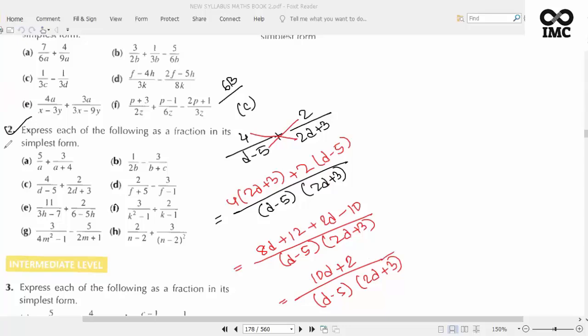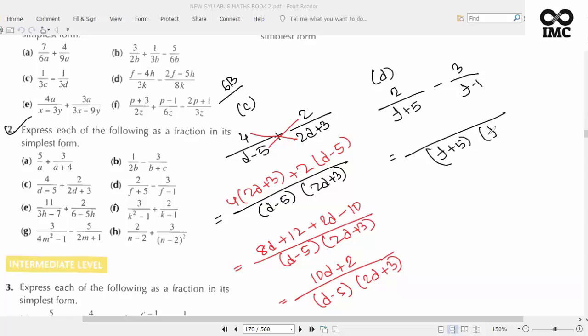Okay, very simple one. Now, question number d. d says 2 divided by f plus 5 minus 3 divided by f minus 1. So, similarly, the denominator will be f plus 5 into f minus 1, and we'll multiply this one. 2 multiplied by this and 3 multiplied by this. So, 2 multiplied by f minus 1 and minus 3 multiplied by f plus 5.